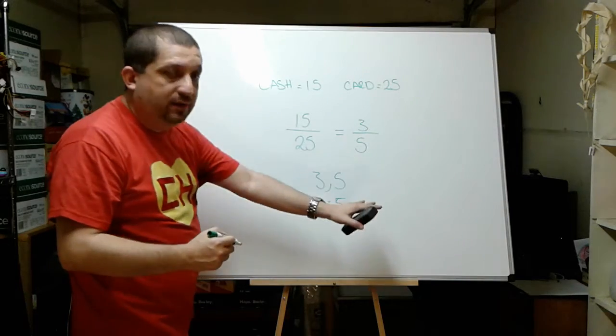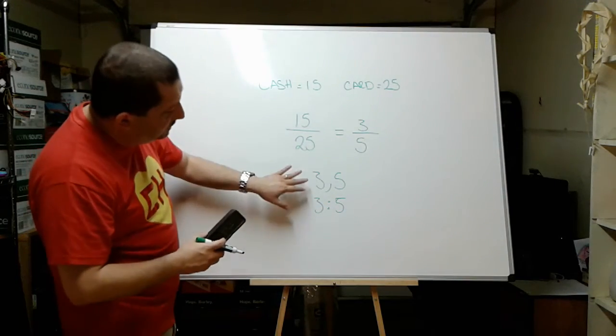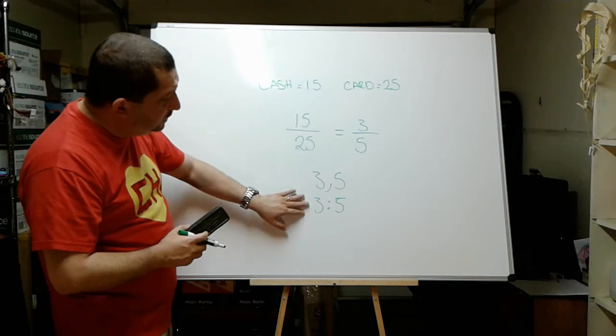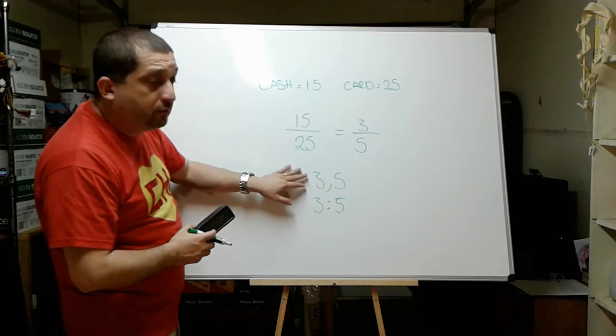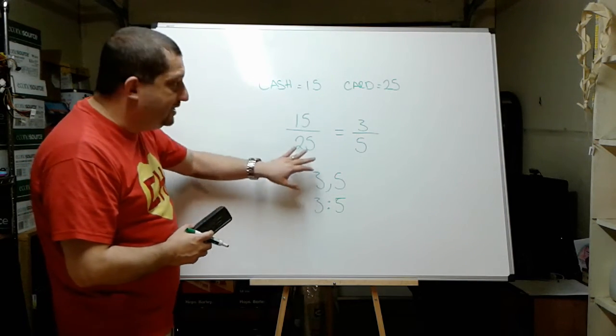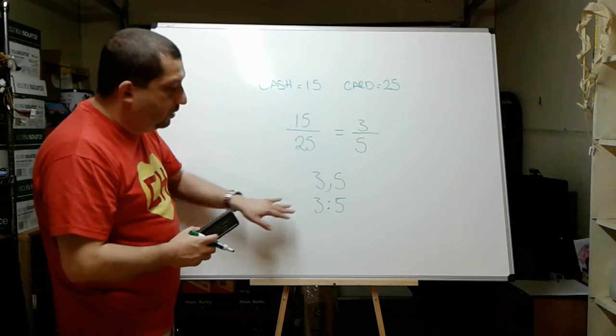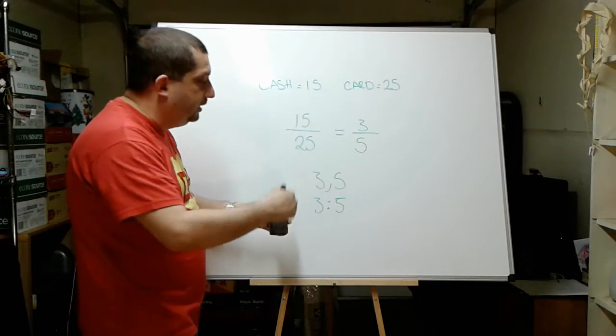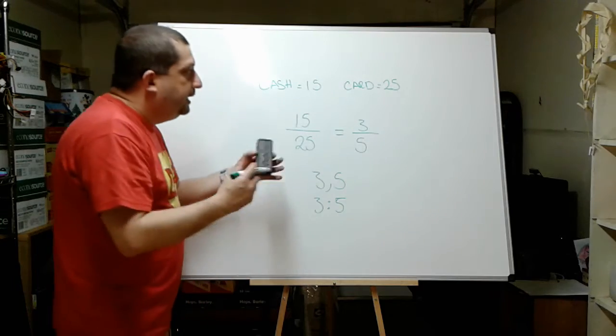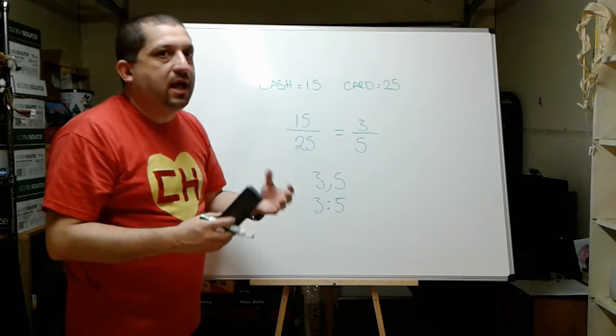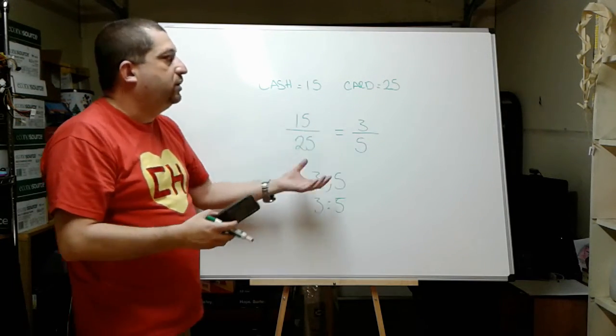Okay, writing 3 of 5. But most of the time you're going to see either one of these two answers as a way to represent your ratio. I see most of the time people use this, or they literally write 3 of 5. And this, my friends, is how you solve for the ratio of anything.